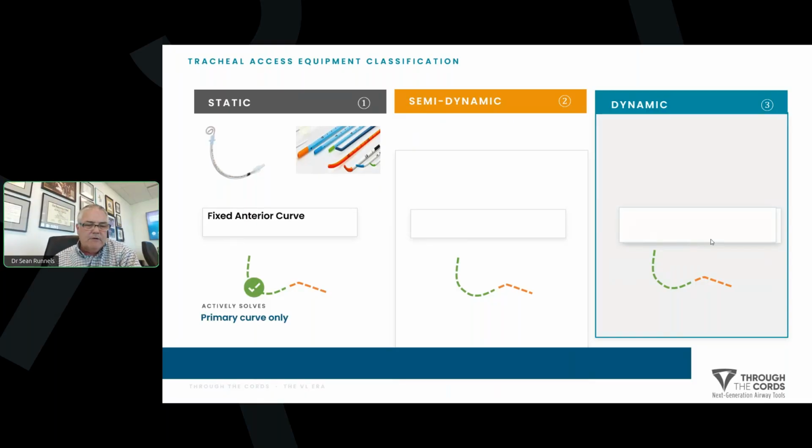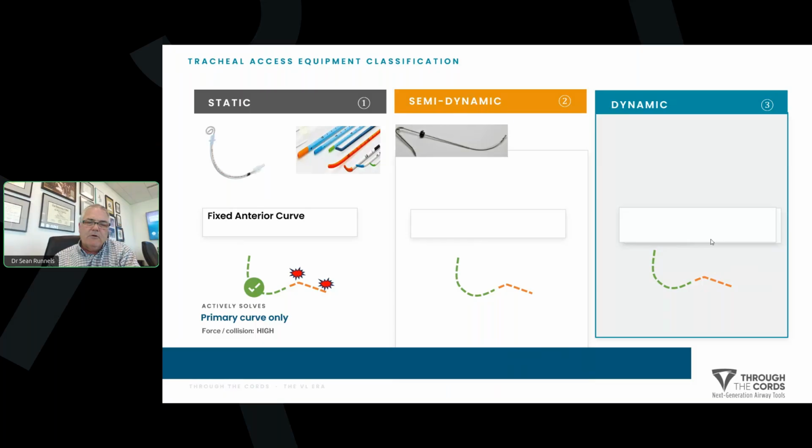It can actively solve the primary curve only, but you're going to have to really stuff it through the inflection point and then break its back to get it to move through the secondary curve. That is done with collision with tissue, and that's what provides the coercive force to move through that serpentine pathway.